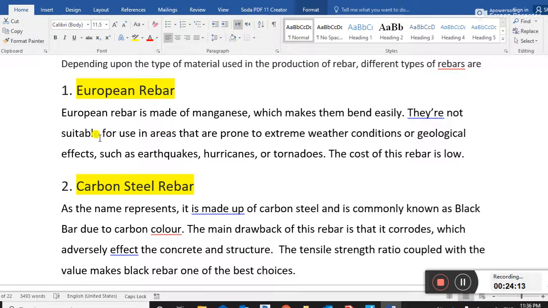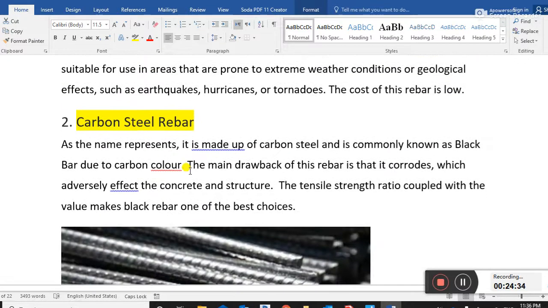They are not suitable for use in areas that are prone to extreme weather conditions or geological effects such as earthquakes, hurricanes, or tornadoes. The cost of this rebar is low.